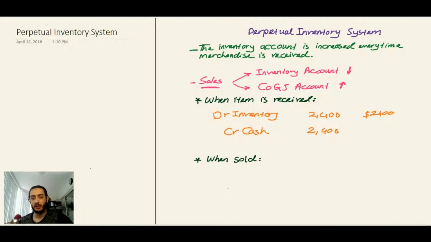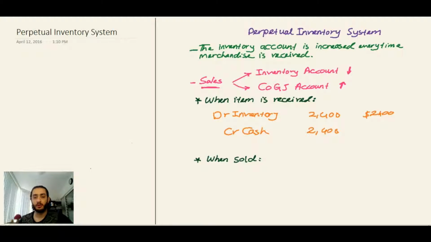Okay, when an item is sold, what should we do? Here it says at the time of the sales, two things will happen. The inventory account will decrease because we are taking things out of our warehouse, out of our inventory. So this is the credit side, because to decrease an asset account we have to credit it. And on the debit side we have to debit cost of goods sold.